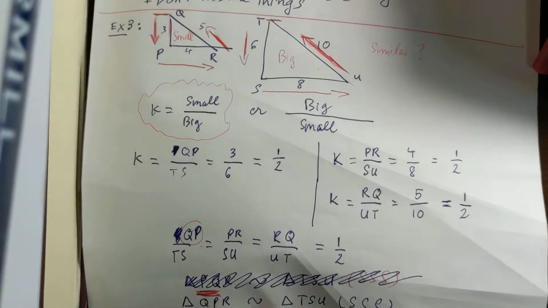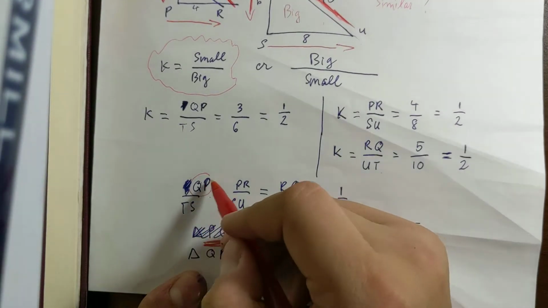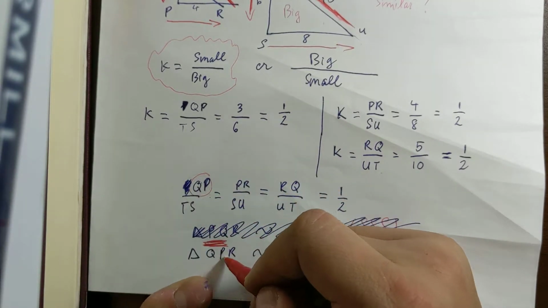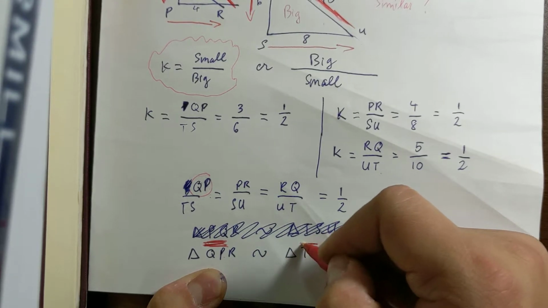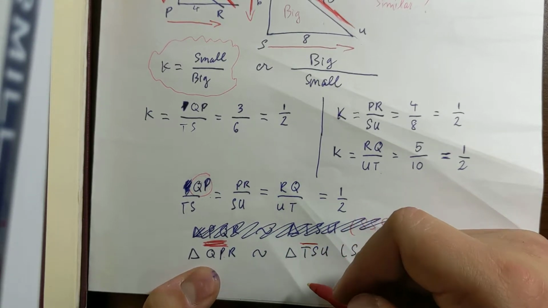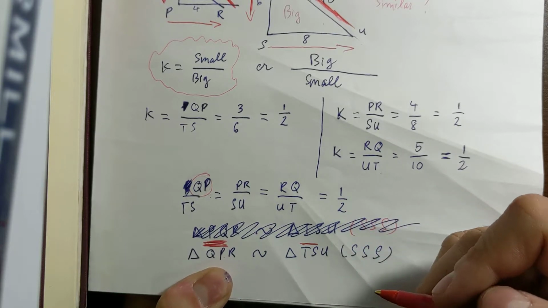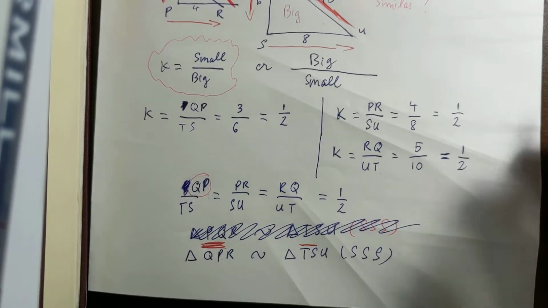Very simple. If you are lazy, just like me, all you have to do is pick the first ordered pair here, QP and TS down here, put it right there, and then put the last letter in, and that's how you get the name of the similar triangles.